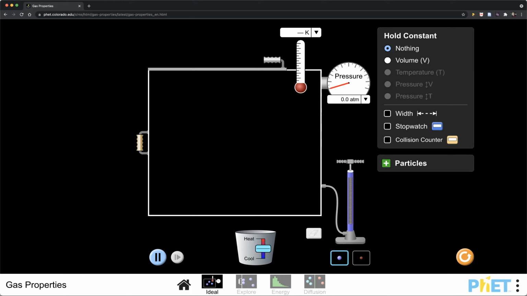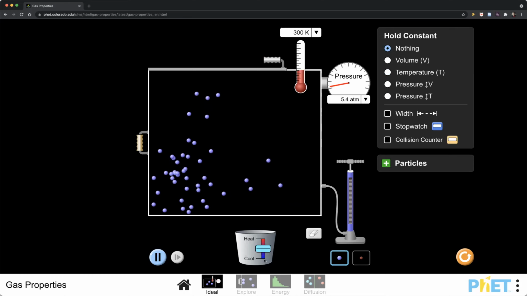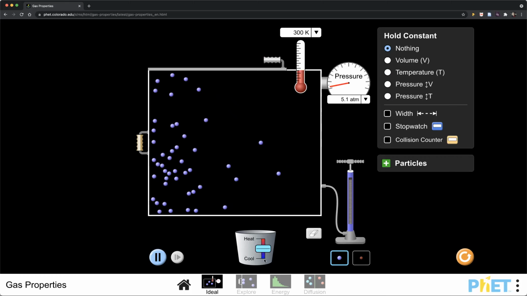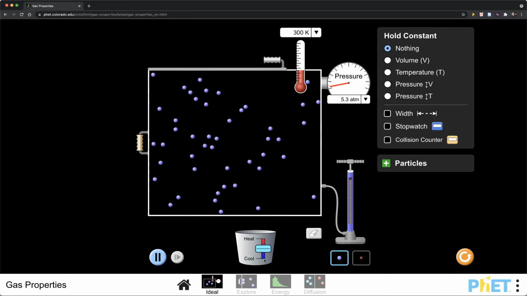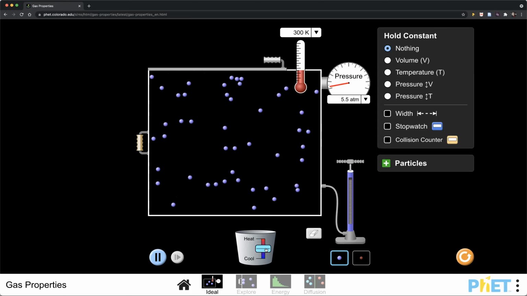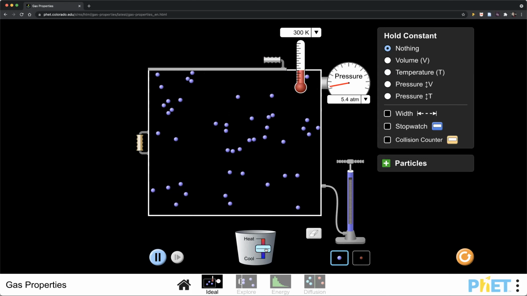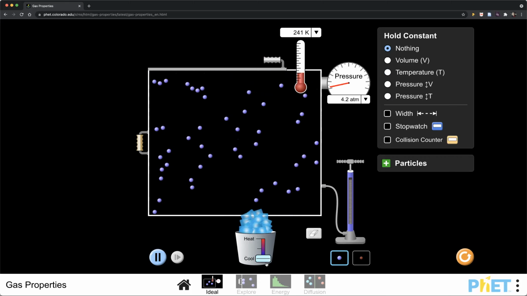Now, this next piece may seem obvious because we have some of what we just said. But again, I want us to see this relationship between temperature and motion or kinetic energy. But this time I'm going to cool it down.